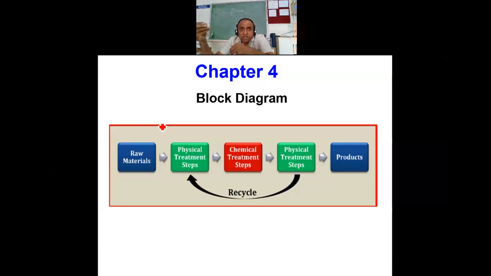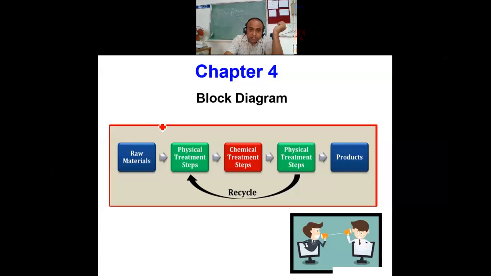If you want to show where your house is located, you take a piece of paper, plot the route, and locate your house with the help of a block. If there is some other landmark, you also locate it with blocks. So in this chapter, we use these blocks for communication.